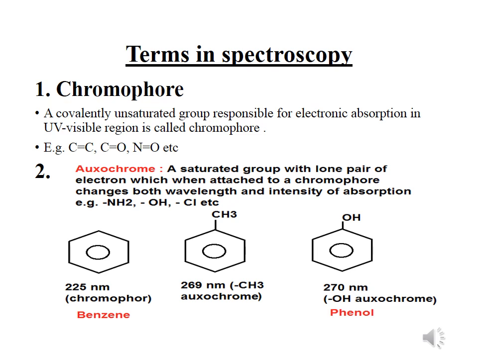So there is an increase in the wavelength of radiation. And then if you go for phenol, which contains an OH group, here it is 270 nanometer. So it means the oxochrome is changing the wavelength of absorption.